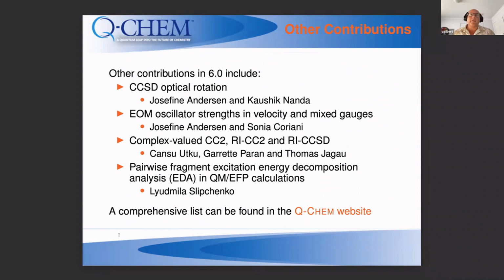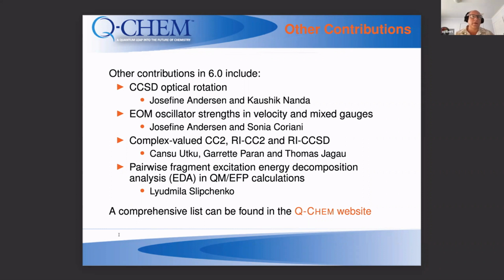Okay, there's lots of other contributions in 6.0 which I won't go into quite so many details on. So we have coupled cluster optical rotation in there. That's work done by Josephine Anderson and Kaushik Nanda. Equations of motion oscillator strength in both velocity and mixed gauges. More work by Josephine and Sonia Coriani. We have complex valued CC2, RICC2, and RICCSD.